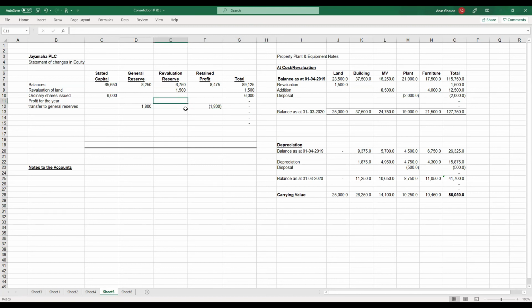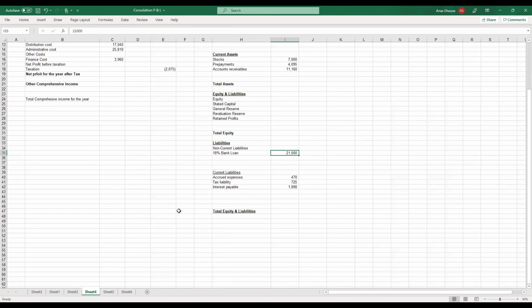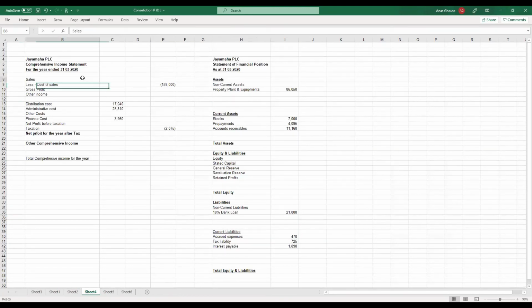Now we need to calculate the profit for the year. So let's calculate the profit. The sales figure we calculated as how much? The total sales was 235,125,000.